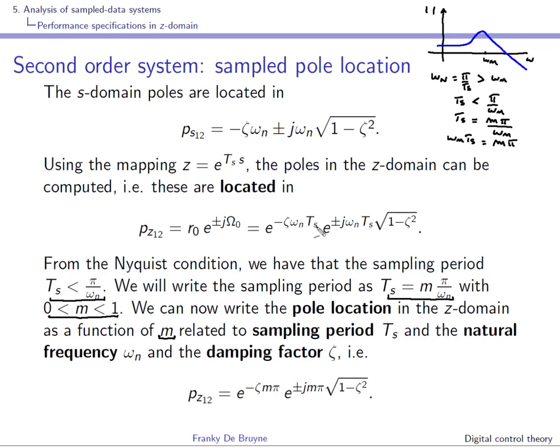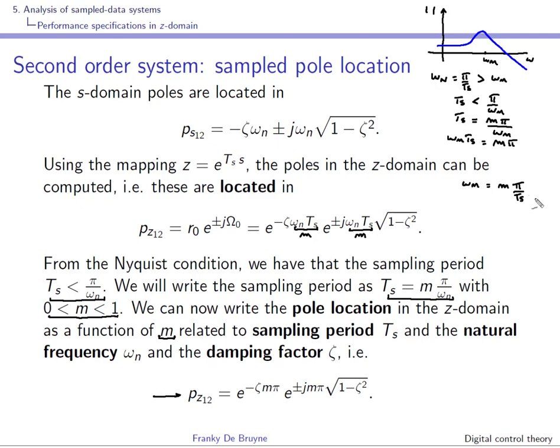So here you have omega n Ts over pi, so that's m, and you have omega n Ts over here, so that's m also, and this is what you obtain. Another way, if we continue with this relation here, is to write omega n as m over pi Ts, right?